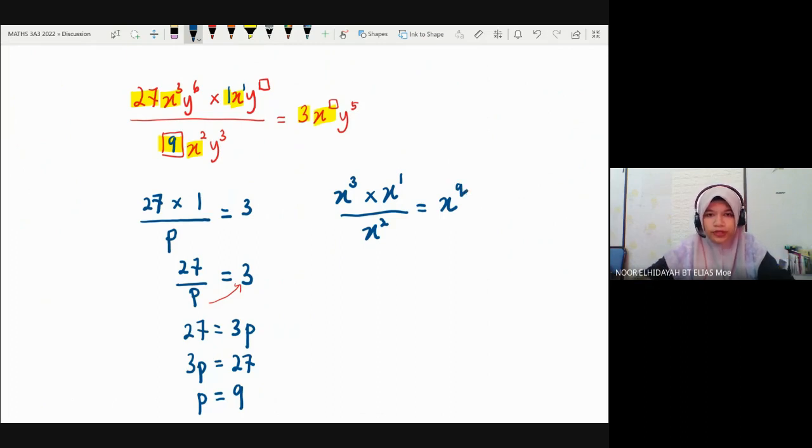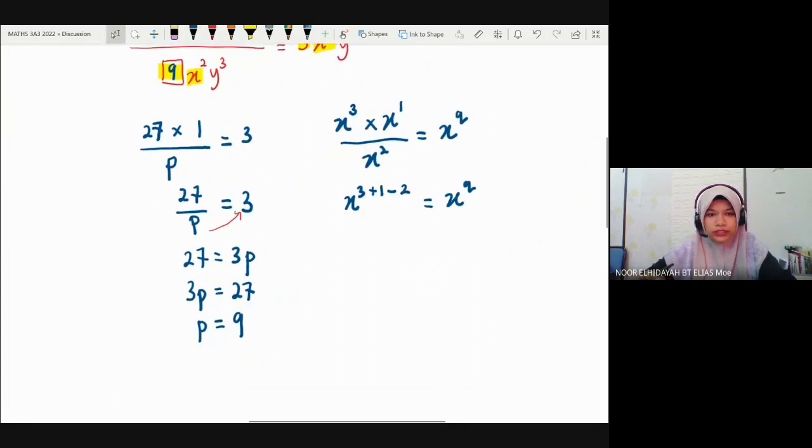Then you solve by using the law of indices. So x to the power of 3 multiply x power of 1, so plus 1, divided by x power of 2, so you minus 2, is equals to x to the power of q. Then 3 plus 1 minus 2, so 4 minus 2 is 2.